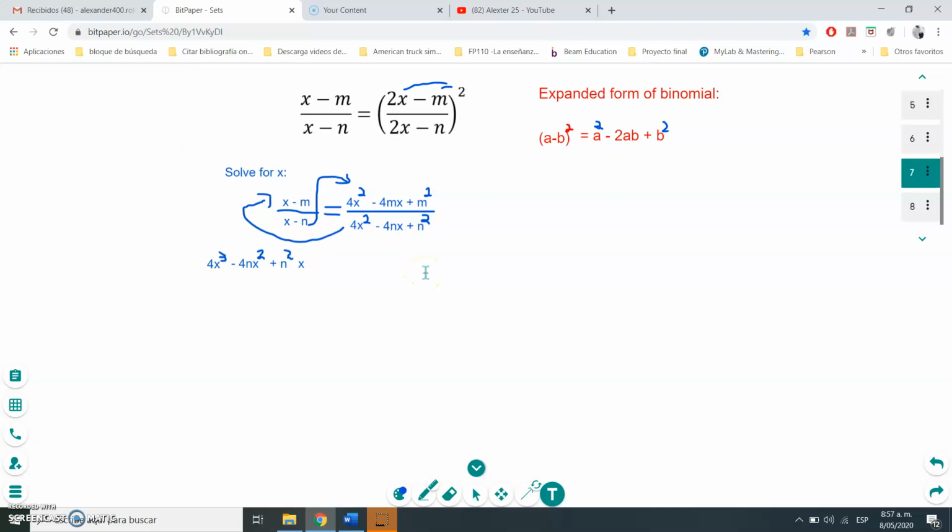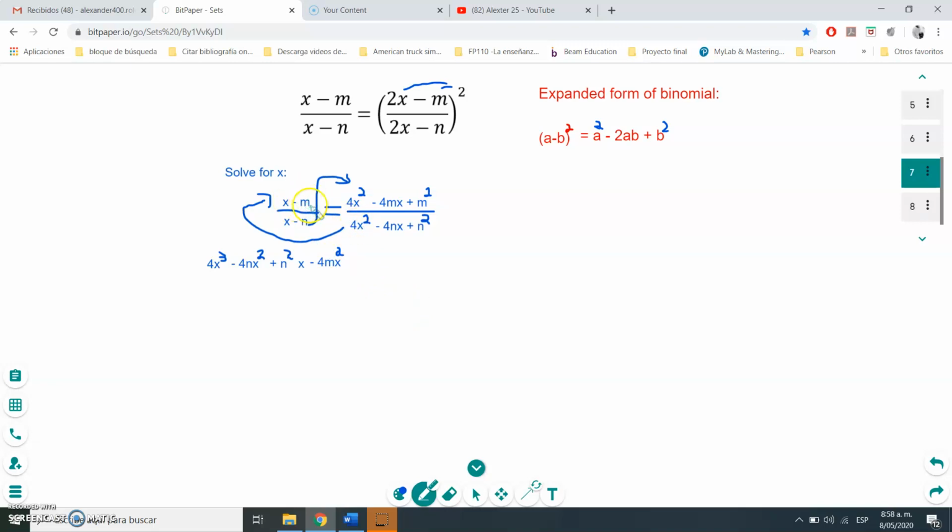Now we have to do the same but with minus m multiplied by all of these. So we will get minus 4mx squared, this by this.